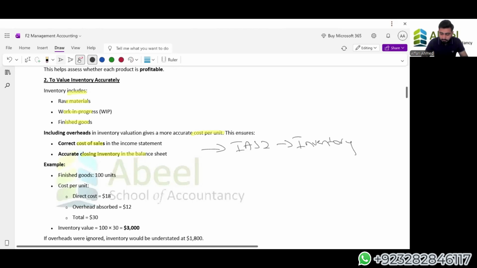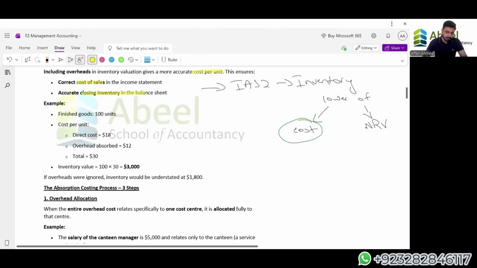It says to measure your inventory at the lower of cost or NRV. NRV is basically the market value less any completion cost that is left with the particular product. So if we are not identifying the complete cost, it will always be measured at our cost, and it might not align with IAS 2. If it is not aligned with IAS 2, then at the end of the day, when the auditor comes in, he is going to point out that your financial statements are wrong.